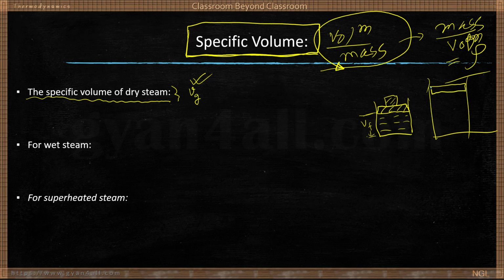Now you are aware of this. If it becomes dry saturated steam, then the volume will become Vg. Now which volume is more, Vf or Vg?